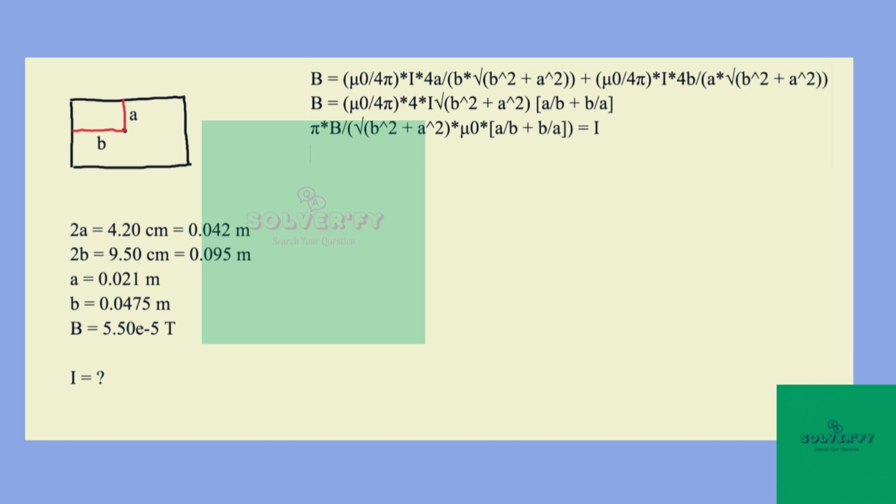So that's 4 times pi times 10 to the minus 7. Okay. And then we have this factor a over b, so 0.021 over 0.0475, and b over a is just going to be the reverse of that, 0.0475 over 0.021.